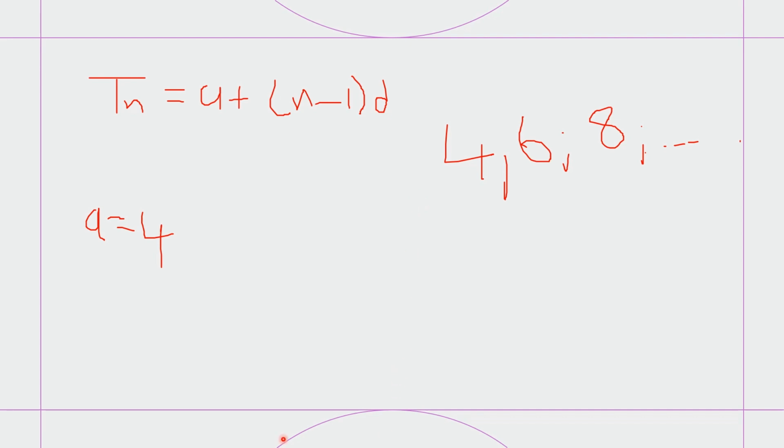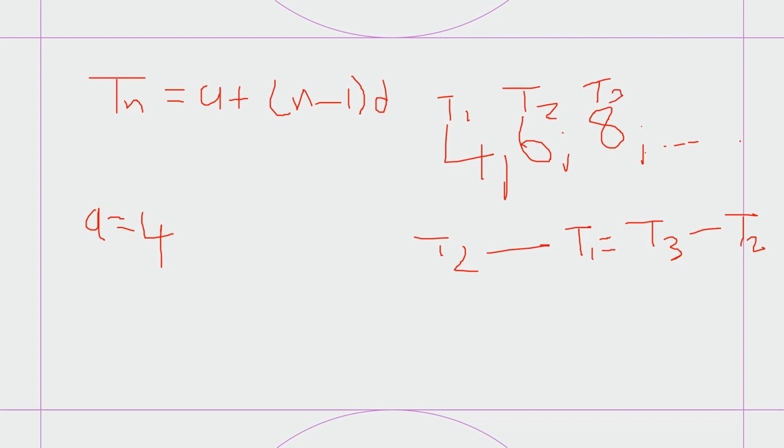So now you have to identify if this sequence is an arithmetic sequence by checking if the difference is constant. You will say term 2 subtract term 1 is equal to term 3 subtract term 2. This will be our term number 1, this will be term number 2, and this will be term number 3.